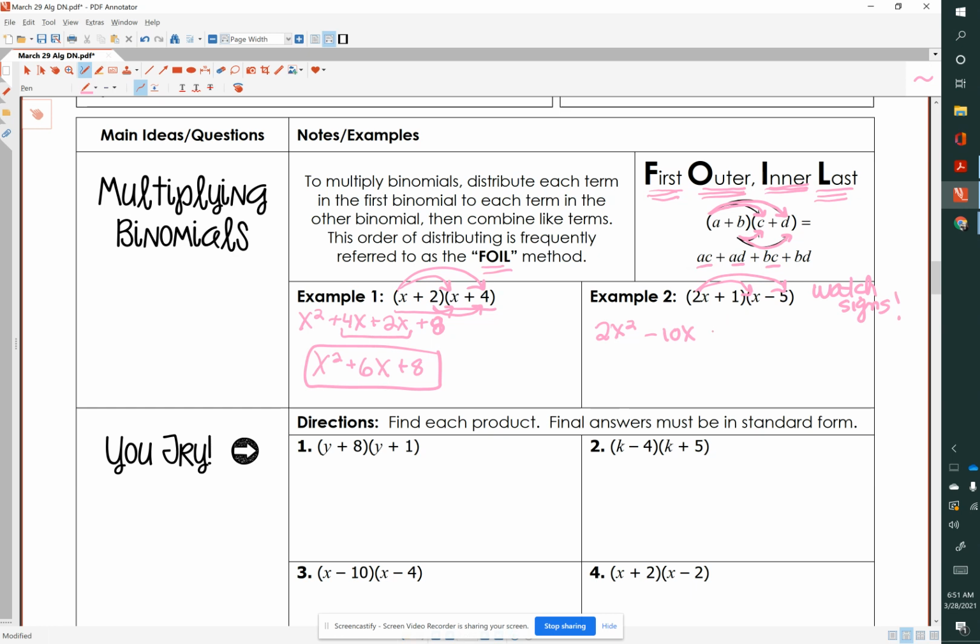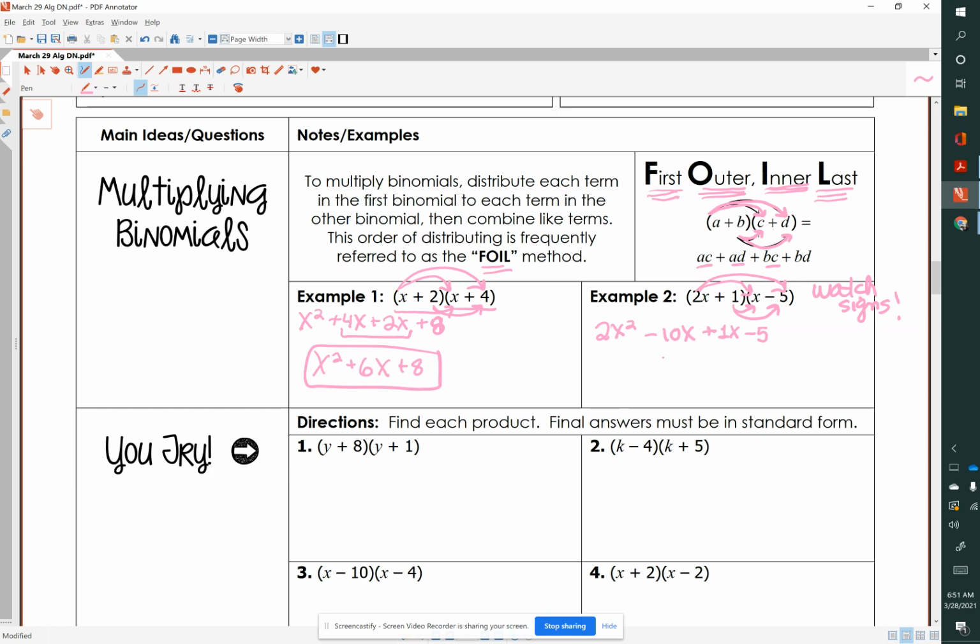Inner terms, 1 times x is just 1x. And if you want, you can put the invisible 1. We'll get rid of it later when we finalize the answer. And 1 times negative 5 is minus 5.